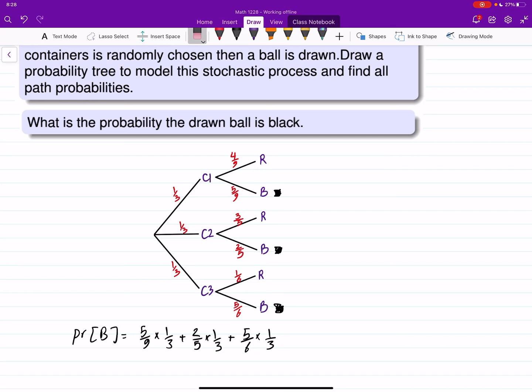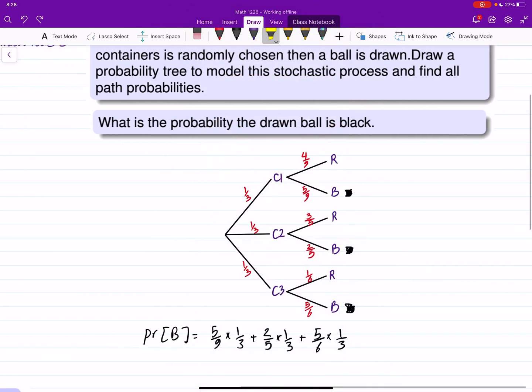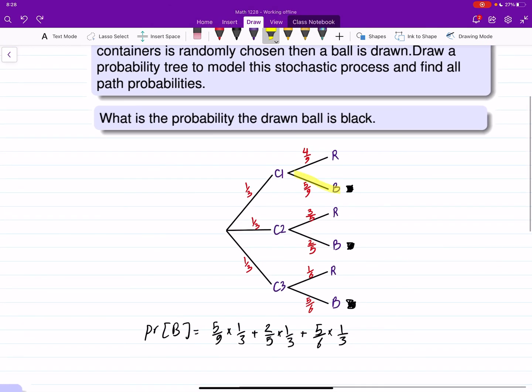This is simplification, you just need some work to simplify this. But the key point is that I found all the paths here which end at that event. Here there were 1, 2, and 3. And find the probability of each path, which is the product of the numbers along the way, and add them.